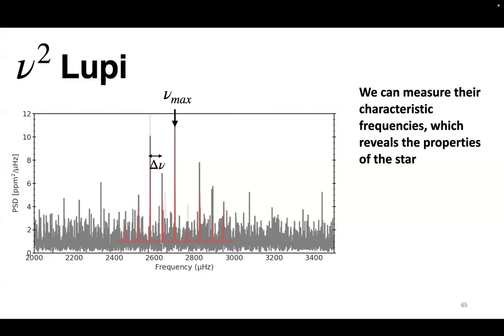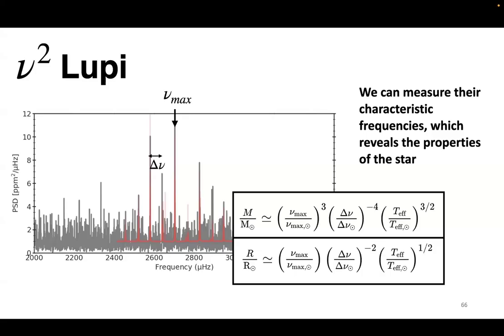The spacing between the different modes of oscillation in time and frequency can tell you how quickly the waves are traveling in the interior of the star, and so that can tell us about the density inside the star. And because density is a pretty fundamental stellar parameter, this can tell you about the mass and the radius of the star. And using those precise masses and radii, we can really accurately define the age of the host star.